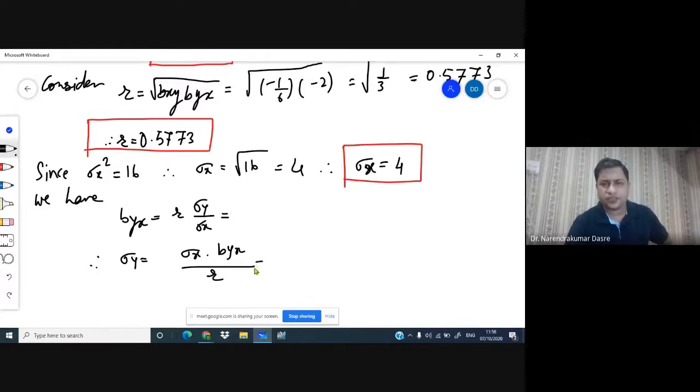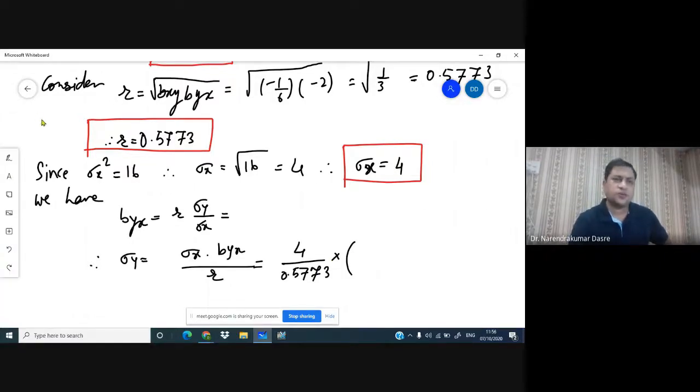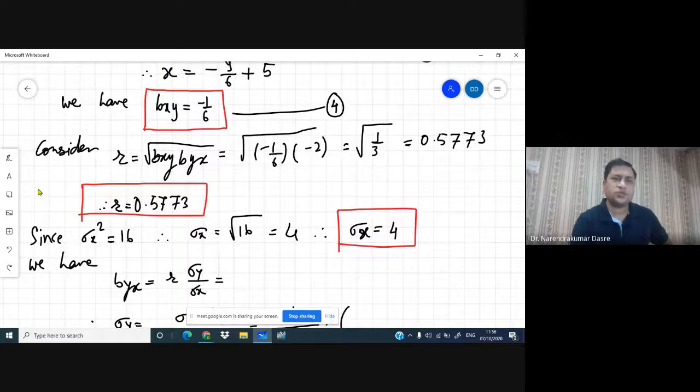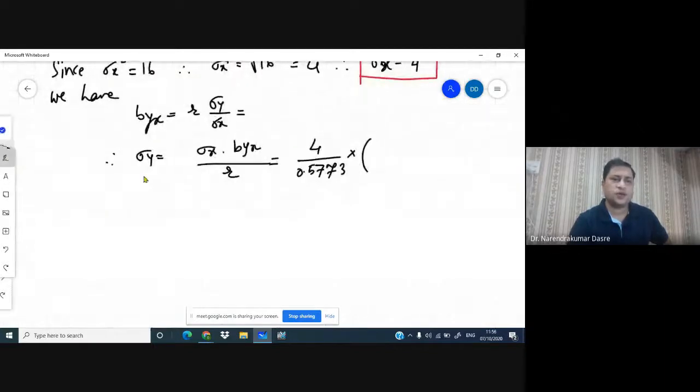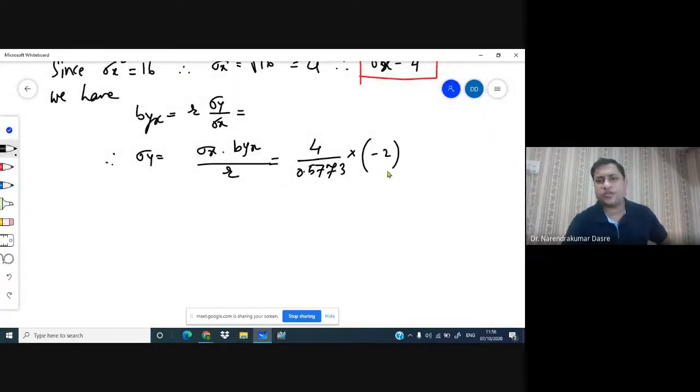So this is 4 upon 0.5773 into byx, and byx we have seen is going to be minus 2.